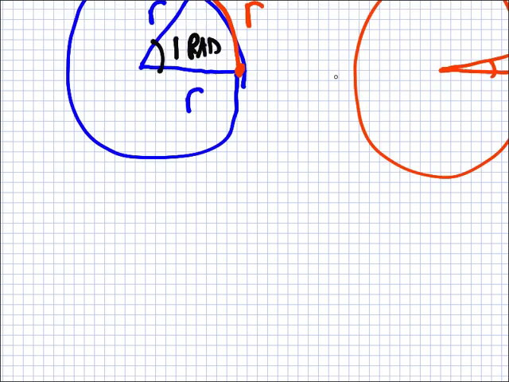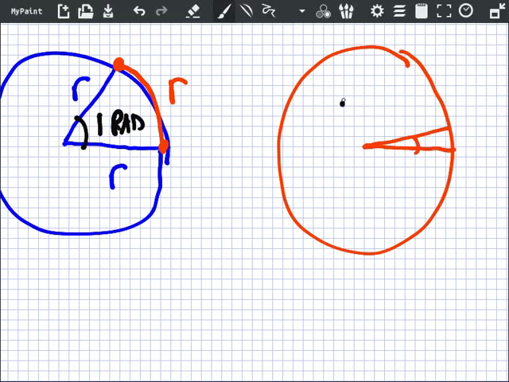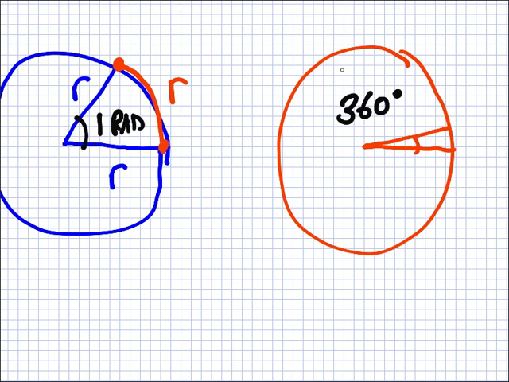Actually, just before I go on, does anybody know why this is 360 degrees? I mean to say, why do we break the circle up into 360 pieces? Any special reason it's 360? No?